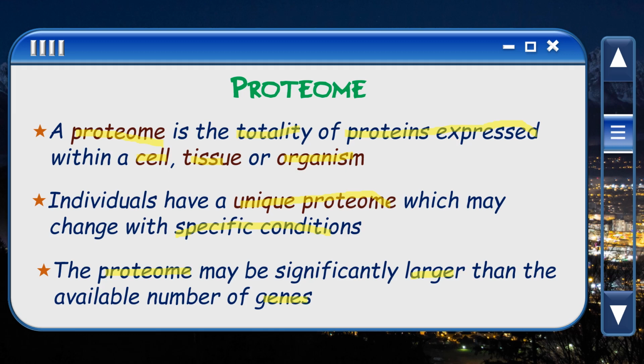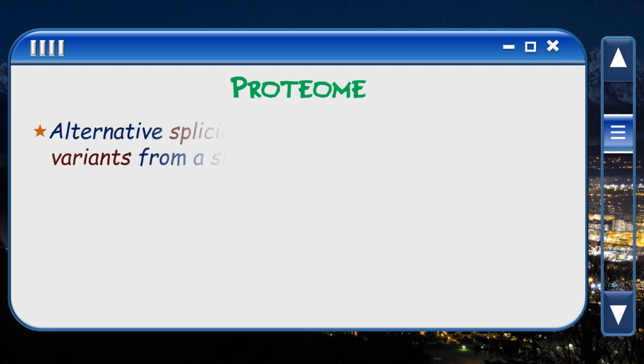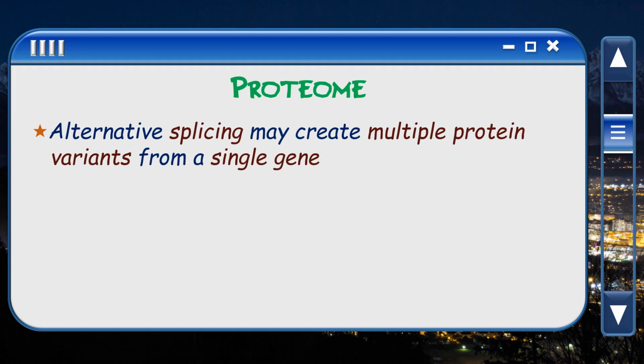What brings about this? We shall see that. But it is possible that the total expression of proteins in a cell may be more than the number of genes that are available. Alternative splicing may create multiple protein variants from a single gene.